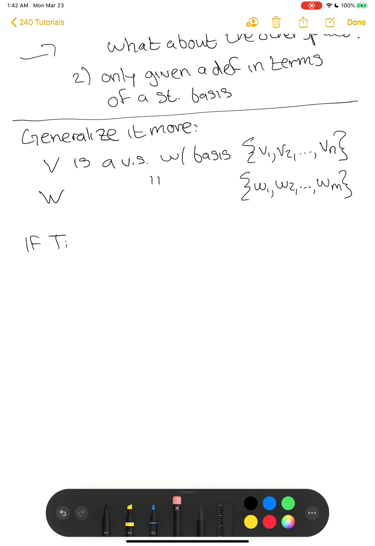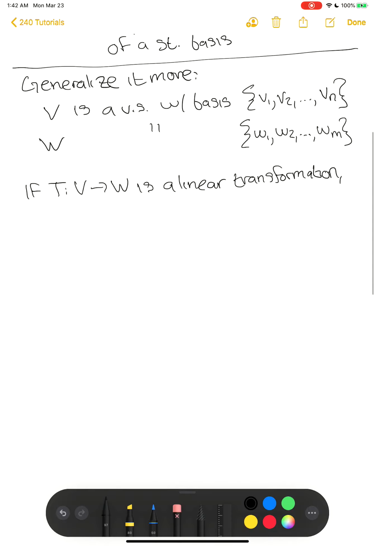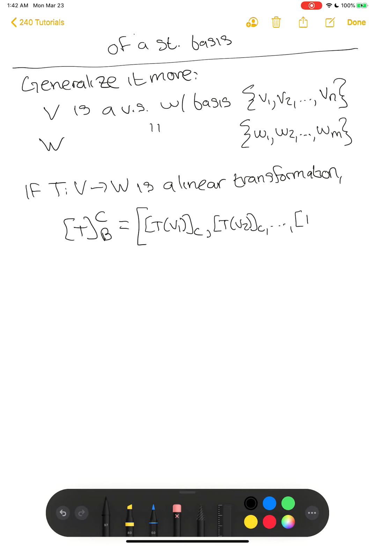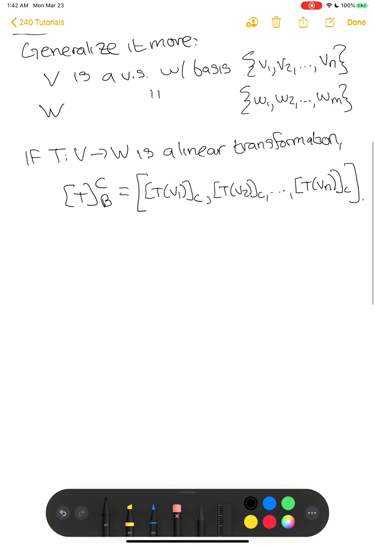So if T going from V to W is a linear transformation, all right, now don't freak out. Then T from B to C, different notation, we'll explain what this means in a second, is defined as the matrix whose columns are T of v1 with respect to C, T of v2 with respect to C, all the way up through T of vn with respect to C. And what's this called?